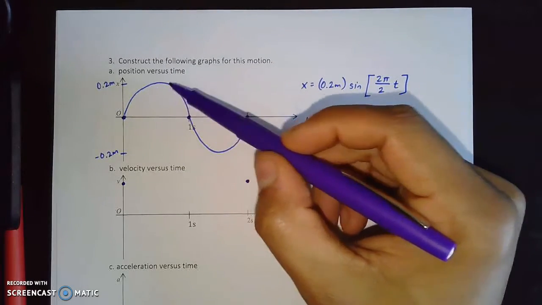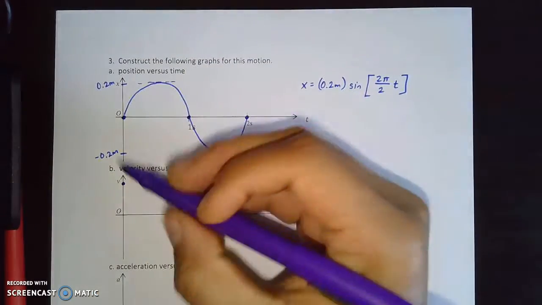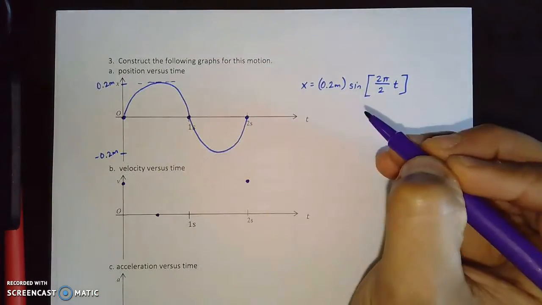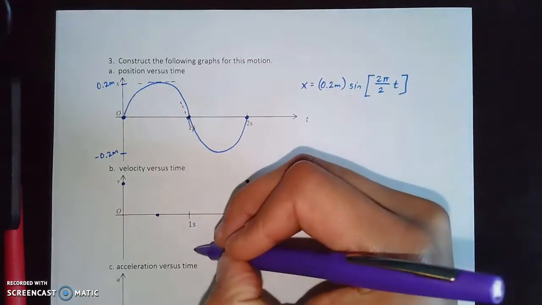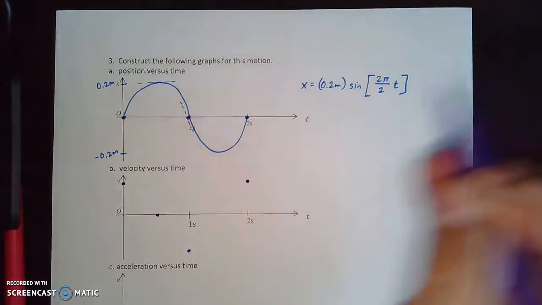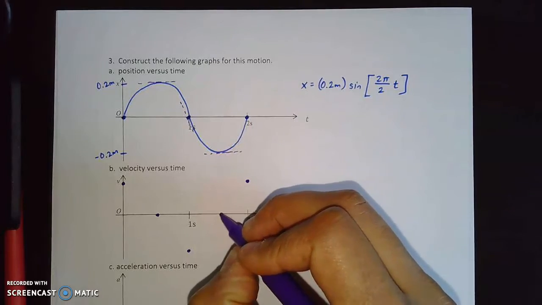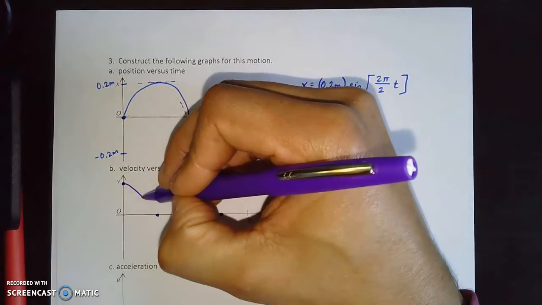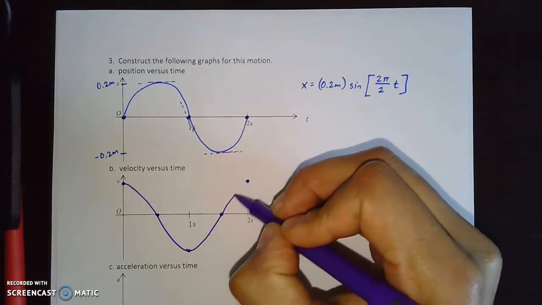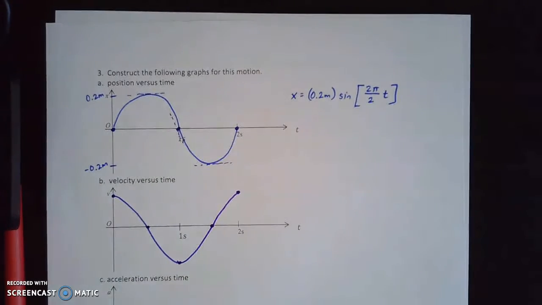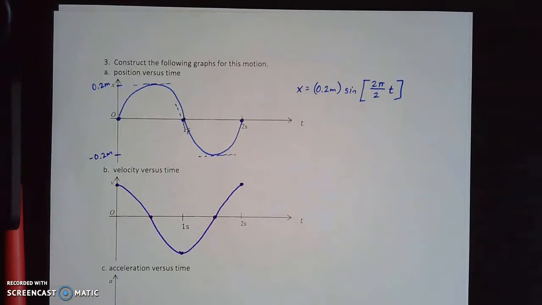If I draw a tangent line at that point, it would be 0. At the next point, the tangent line gives my maximum negative. Then at the next, I'm again at 0. So what I get is a graph that looks like that. Now that's a cosine graph, so I already know right off the bat that this is going to be cosine based.